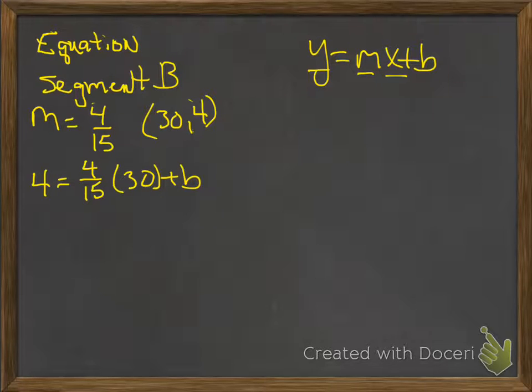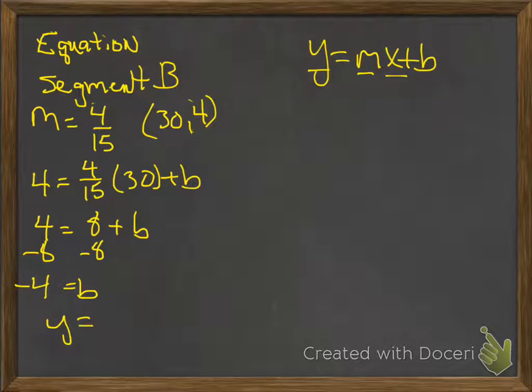And then when I multiply, I get 4 is equal to 8 plus b, minus 8. B is equal to -4. So that means my equation is y is equal to 4 over 15x minus 4.